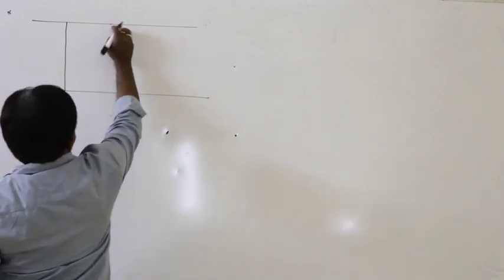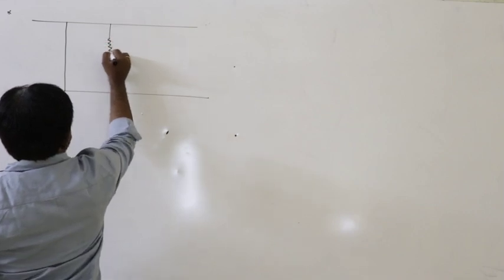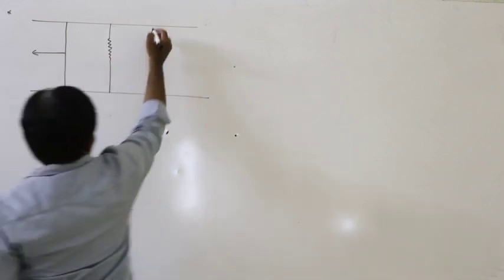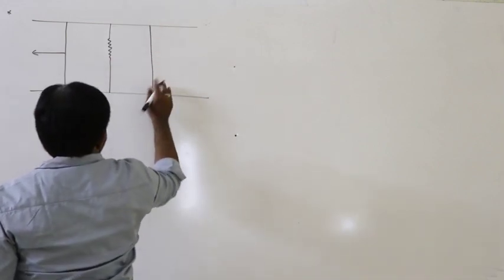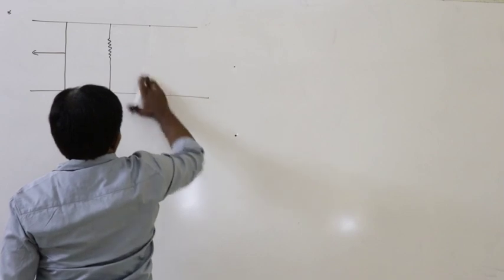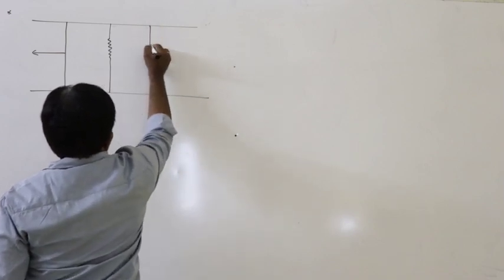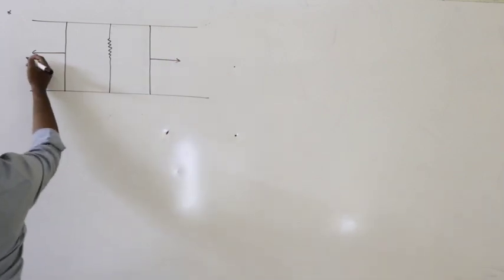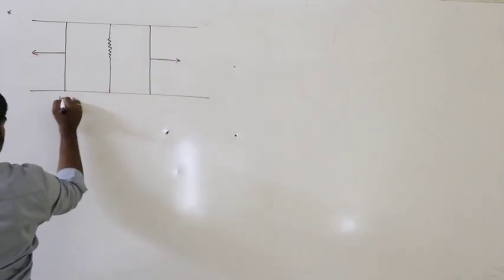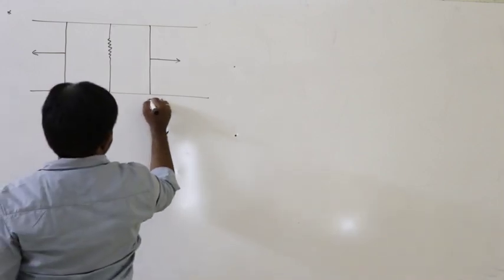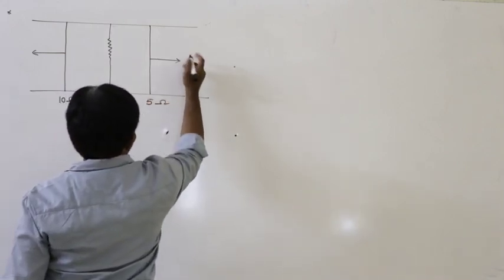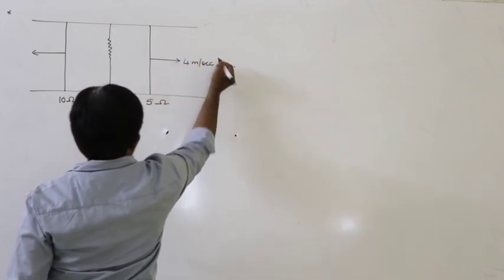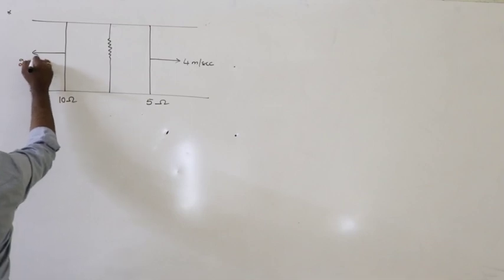Let us say it has a certain resistance, and this is one conductor and this is another conductor. This conductor moves in this direction. Let us say its resistance is 10 ohms and another resistance is 5 ohms, and here its velocity is 4 meters per second, and here its velocity is 2 meters per second.